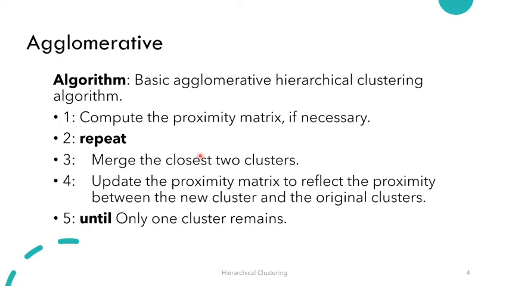Now we take two clusters that are close to each other, we merge them, and we repeat this process with another cluster, so that at the end we only have one cluster. So here steps 3, 4, 5 are repeated until only one cluster remains.